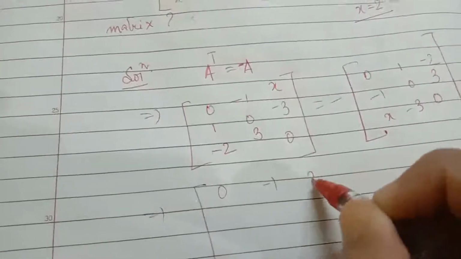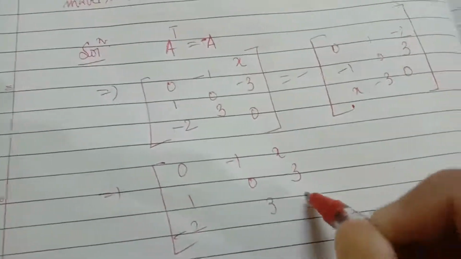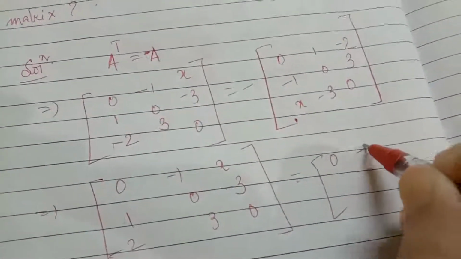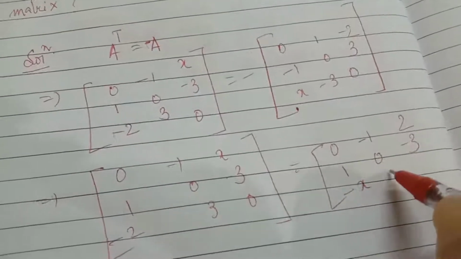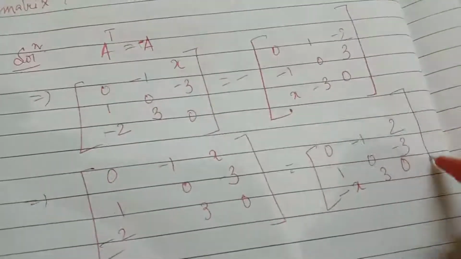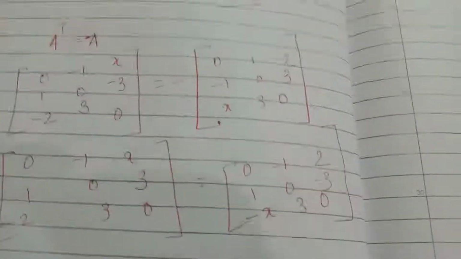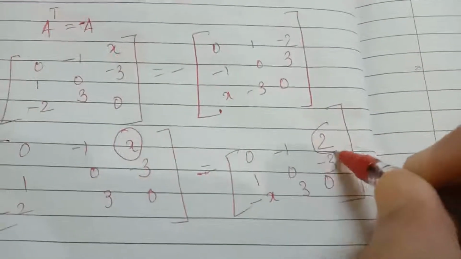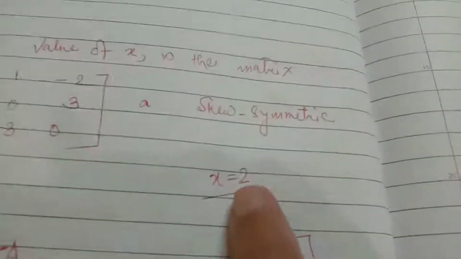A transpose is 0, minus 1, x, 1, 0, minus 3, minus 2, 3, 0, and minus of A is 0, minus 1, 2, 1, 0, minus 3, minus x, 3, 0. Comparing, if you compare, these two matrices are equal, so x is equal to 2.